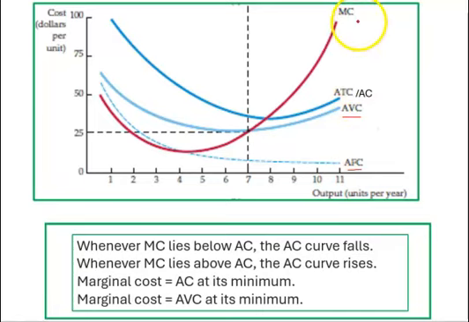So the relationship between marginal cost and average cost is that whenever the marginal cost lies below average cost, the average cost curve falls. And whenever marginal cost lies above the average cost, the average cost curve rises. Marginal cost equals average cost at its minimum. That is at this point here.